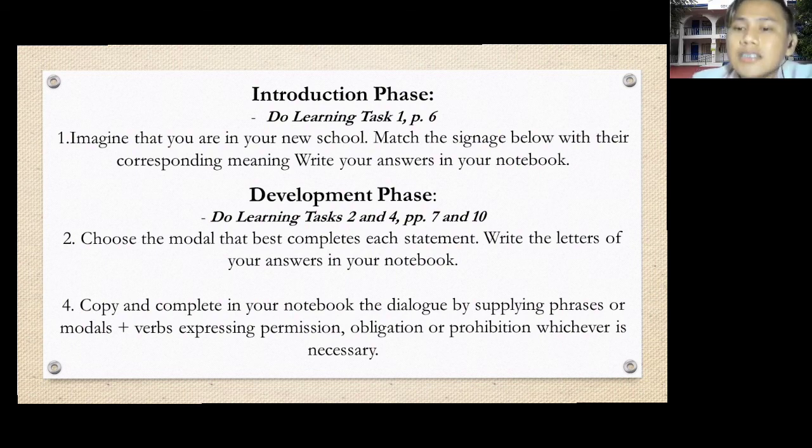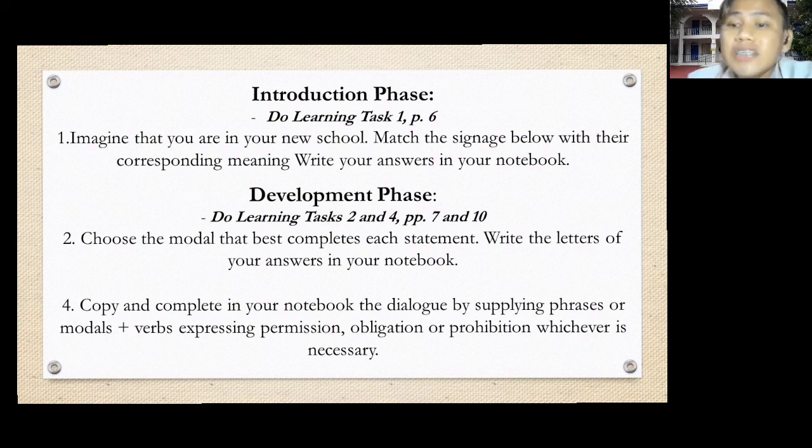Next, under the development phase, you will be working with two learning tasks, learning task number 2 and 4. You can find them on pages 7 and 10. In learning task number 2, you are going to choose the modal that best completes each statement. You're just going to write the letters of your answers in your notebook or on a piece of paper that you have.